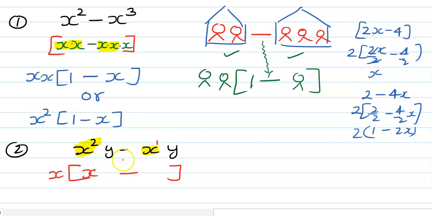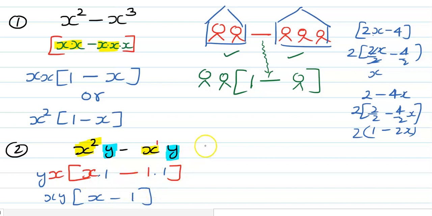And here 1x is out, so nothing left, so that is 1. And if you see, y is here and y is here, so we can take y out also. So y is out, 1 is left, the place is empty, and here also 1 left. So it is not 11, it is 1 times 1. So xy, x times 1 is x, minus 1.